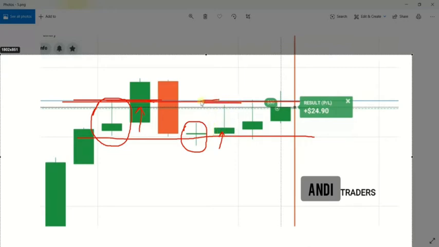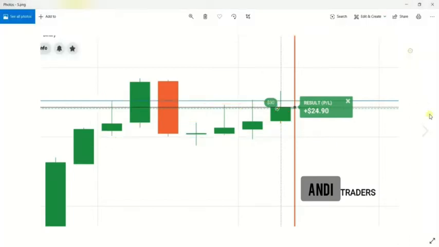The next sellers are here, so this is in the middle of the trend. Again, continuation. Again, you can see here this candle, again a continuation sign. Again, it continues the market, and it is a bullish candle.